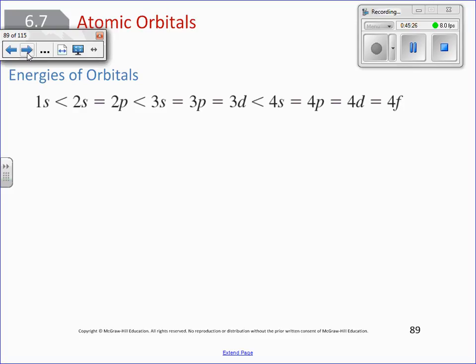Why? There's more electrons, but we're talking about energies. Some of the electrons are attracted to the protons, right? So if I'm the proton, she's the electron, there's nothing between us, so there's a certain attraction.